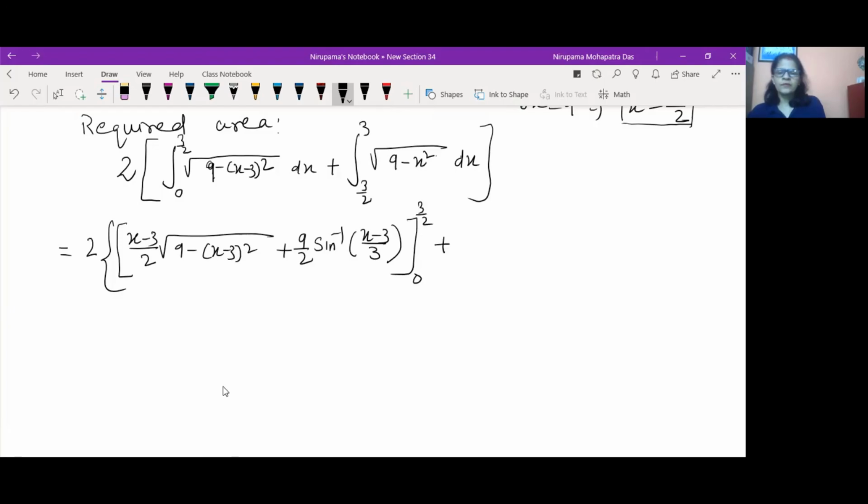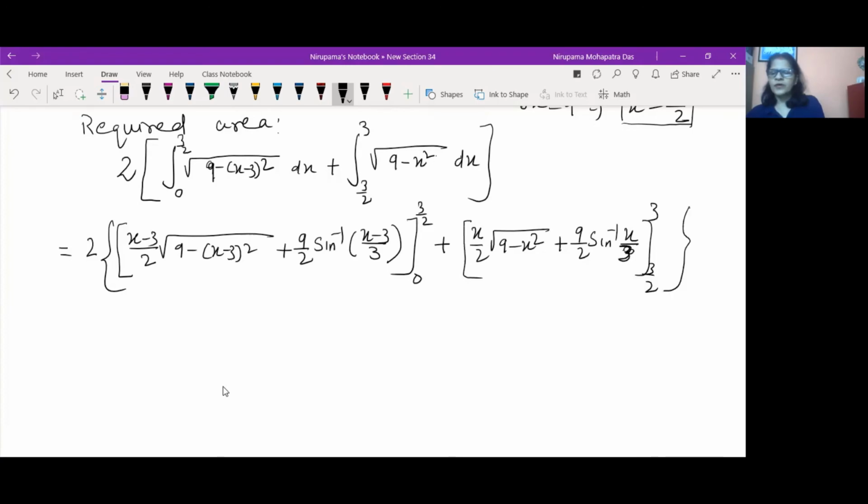plus, coming to the second integral, it is x by 2 under root 9 minus x square, plus a square by 2, 9 by 2 sine inverse x by a, means x by 3. Okay, limit from 3 by 2 to 3.